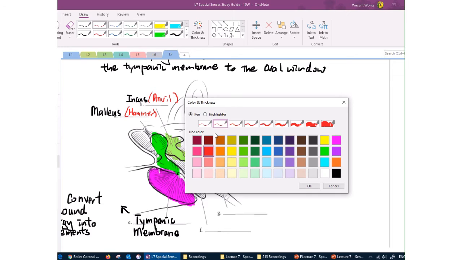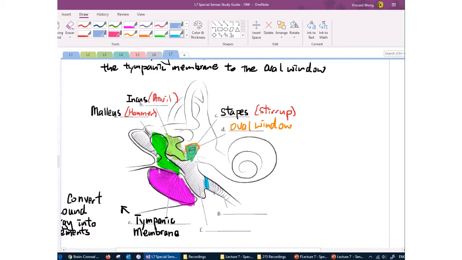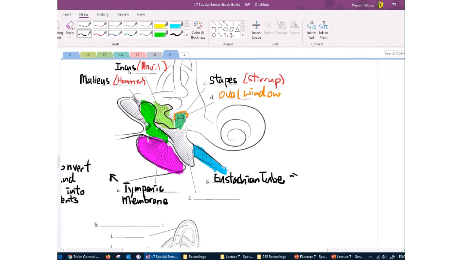A couple other things. We have the Eustachian tube once again. The Eustachian tube is right here, and it connects to the nasopharynx to help equalize pressure with the surroundings.